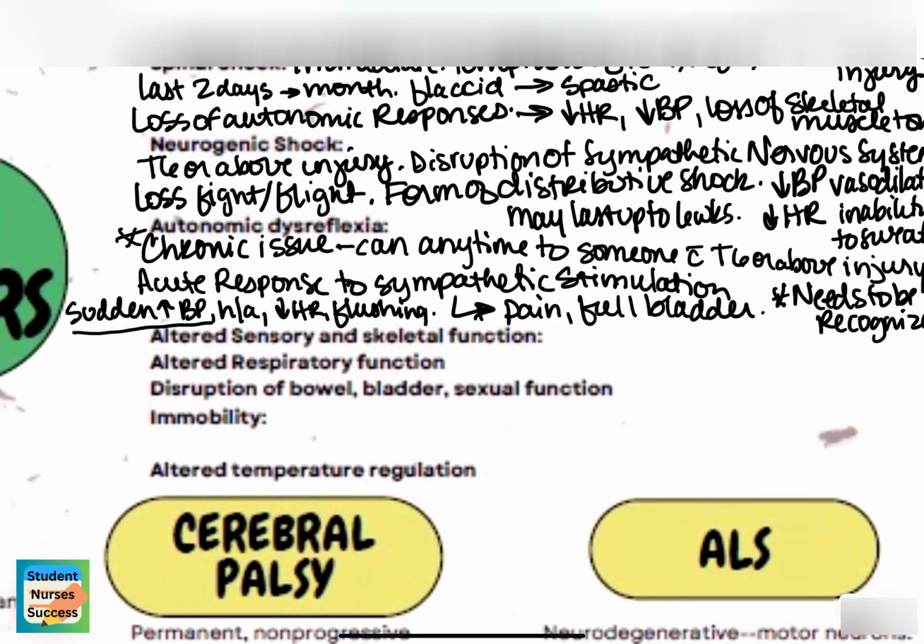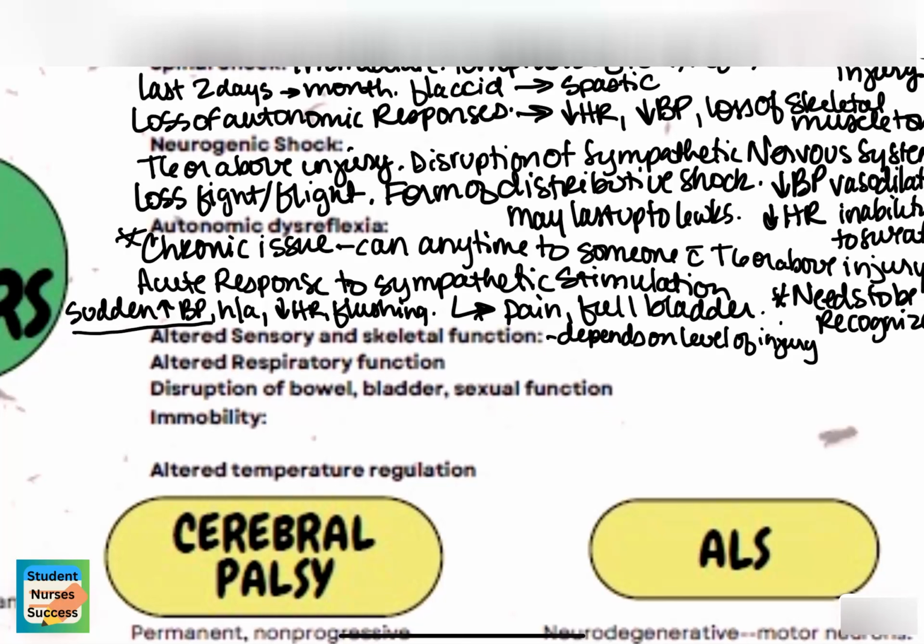Other complications include altered sensory and skeletal function, and this really depends on the location of the injury. Individuals with paraplegia, or maybe a lower thoracic or lumbar injury, don't have feeling or movement in their legs.